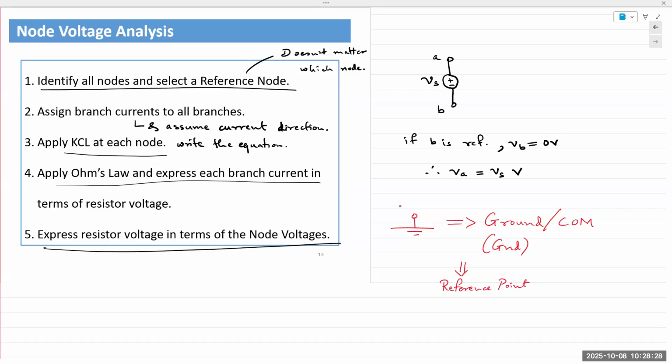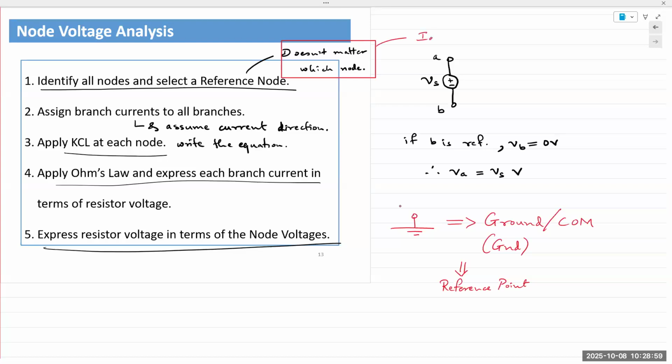But the important thing to understand is that it doesn't matter what that reference node is. You can pick and choose whichever node you want. And I'm going to show that with the homework problem. So first step is to identify all the nodes. You reduce the circuit down to as few nodes as possible, and then you choose a reference node.